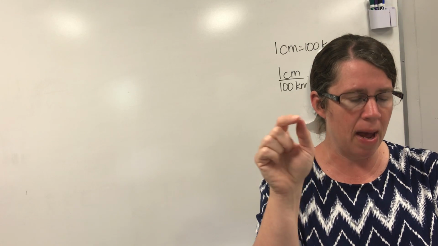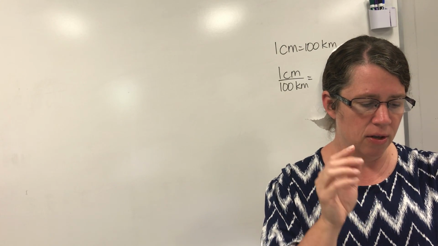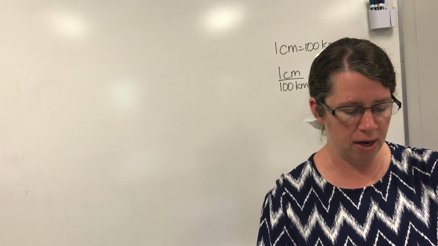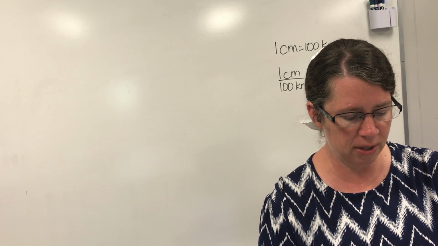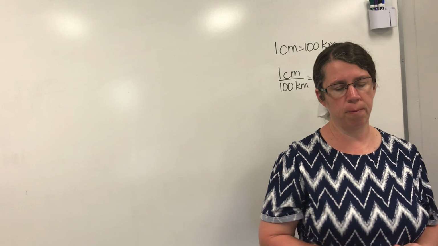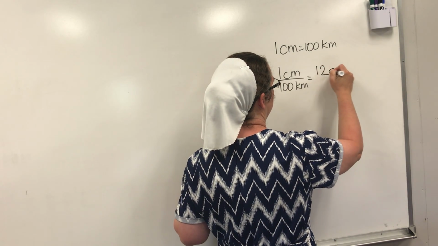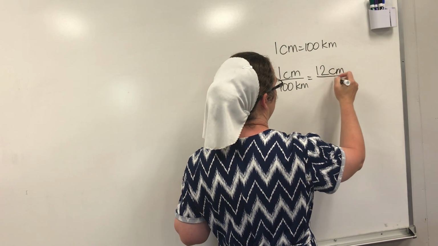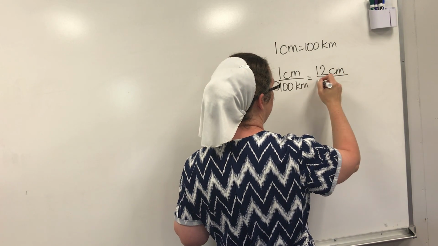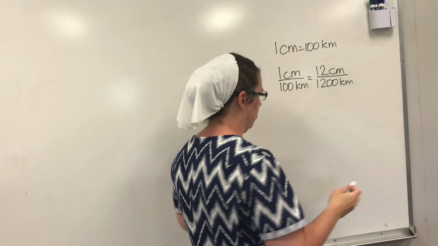You can see that your map is in a dark box, okay? Don't use those lines. Go just inside that on the dotted line, and the first dark line you come to, north to south, you should have measured 12 centimeters. Again, you put it over, and you go 12 times 100 is 1200 divided by 1 is 1200 kilometers.